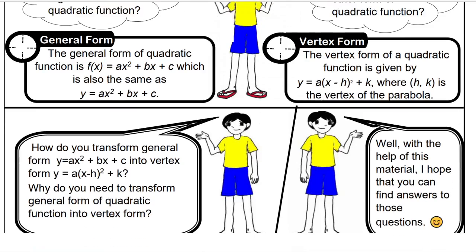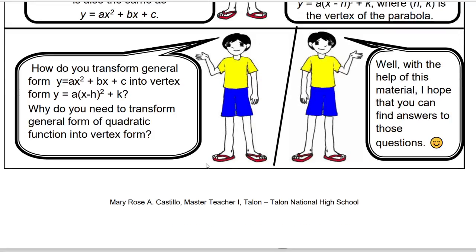And then, how do you transform the general form, which is y equals ax squared plus bx plus c, into vertex form? What do you need to transform the general form of a quadratic function into vertex form? With the help of this material, I hope you can find the answer to those questions.